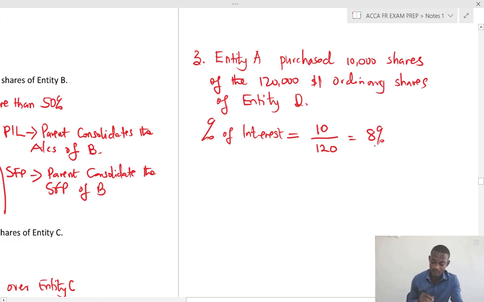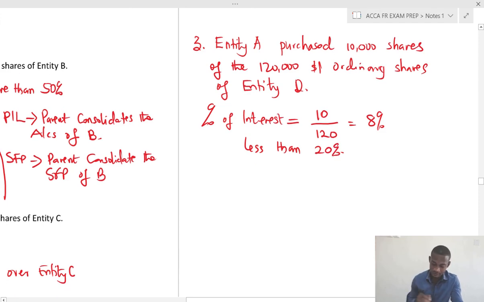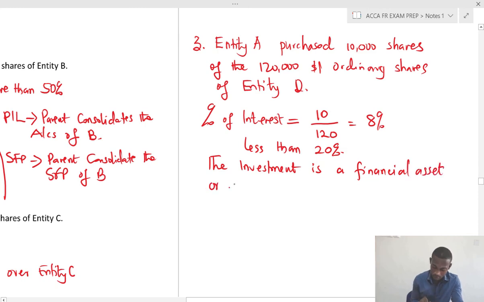Now 8% is less than 20%. So it means that the investment is a financial asset, or an equity investment.